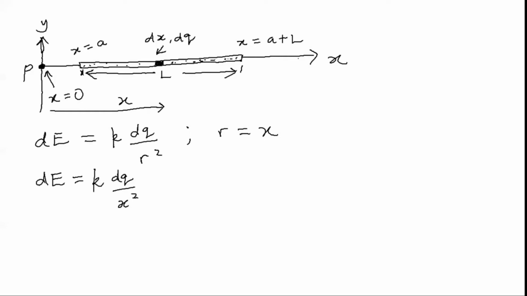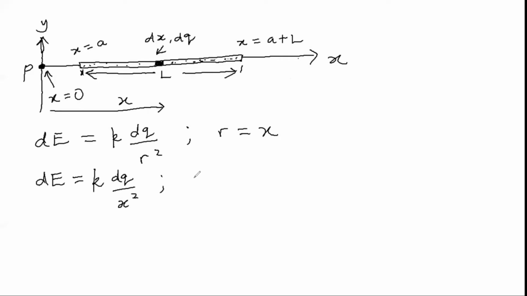Okay, so now the next thing is that, remember what we had said was that we have now to consider this dq and express it in terms of an appropriate charge density. So looking at this distribution, is it a linear distribution, a surface distribution, or a volume distribution? It's a linear distribution.